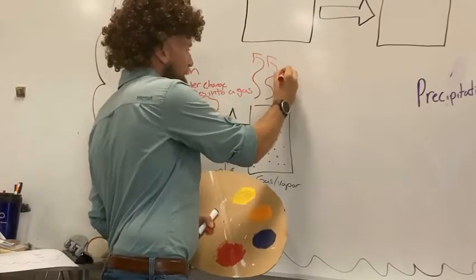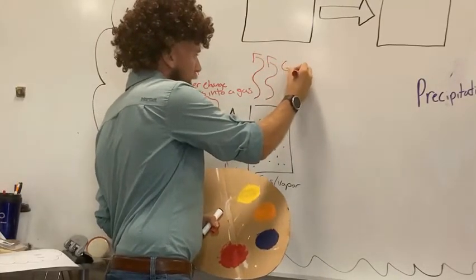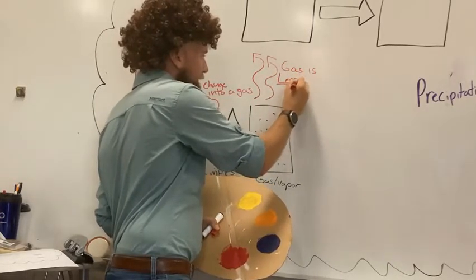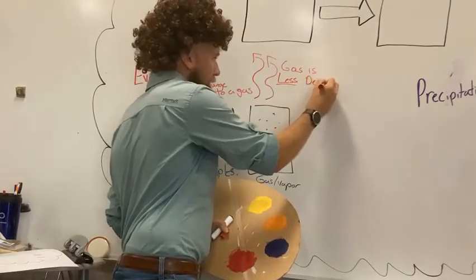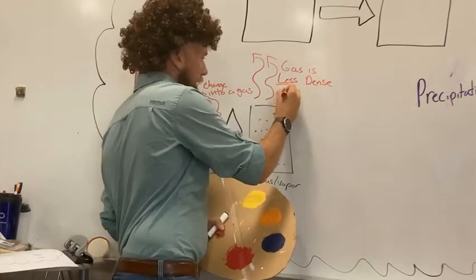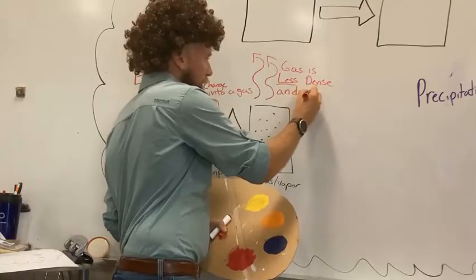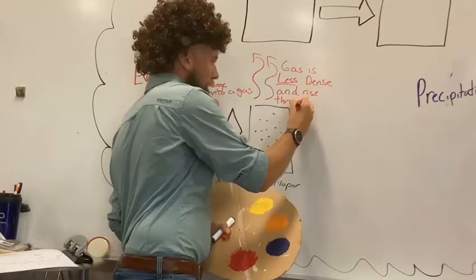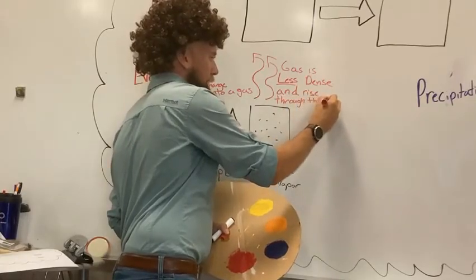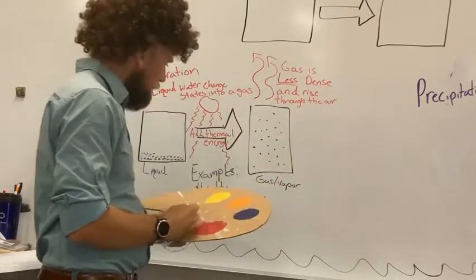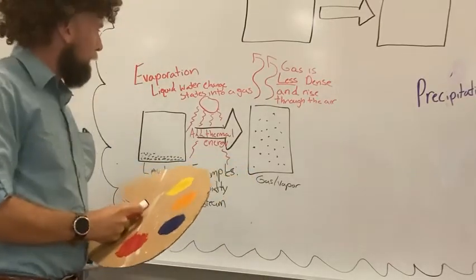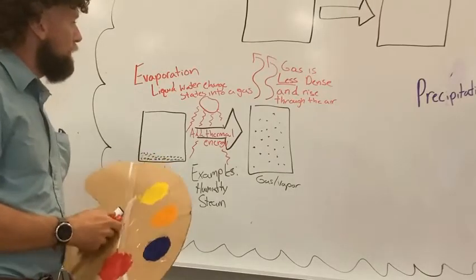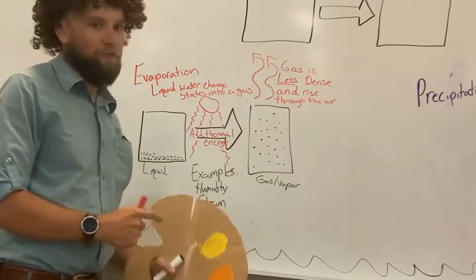And I'm going to put in a happy little note here that says gas is less dense and rises through the air. So make sure you've got all these fun little details on for evaporation, and once you've got that, we'll continue on to condensation and have ourselves a good old time.